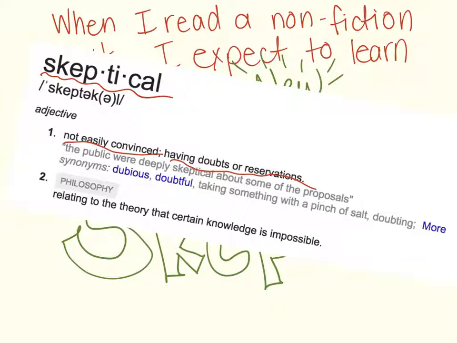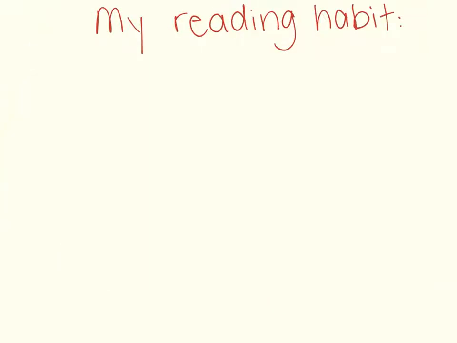And I think this is important because I know that I shouldn't always automatically believe everything I read. Anyone can put something online, whether it's true and accurate or not. Therefore, I've developed a habit. My reading habit.